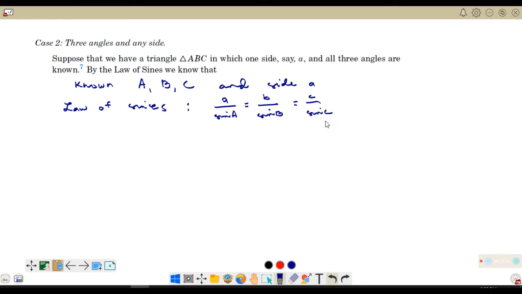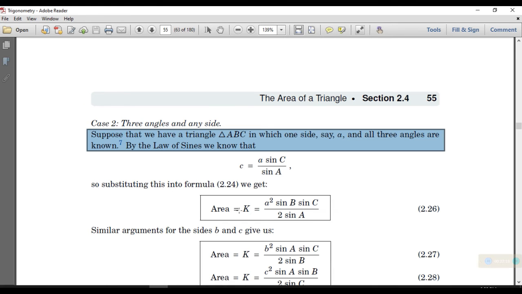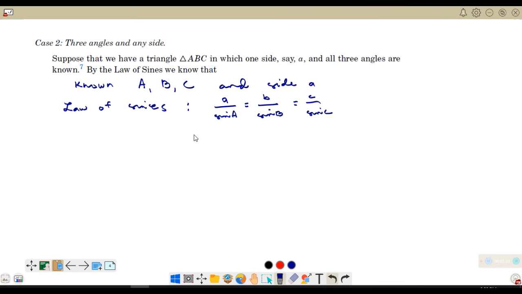Pwede siyang makuha. But, the only known side is A. So, pwede mo siyang i-pair up with B over sine B or C over sine C. Di ba ganun yung lagi natin ginagawa sa sine? Kung sino yung ratio na kompleto, ipipair mo siya dun sa iisa lang na unknown. So, in this case, ang ginamit sa kanya ay si A at saka si C. Okay.